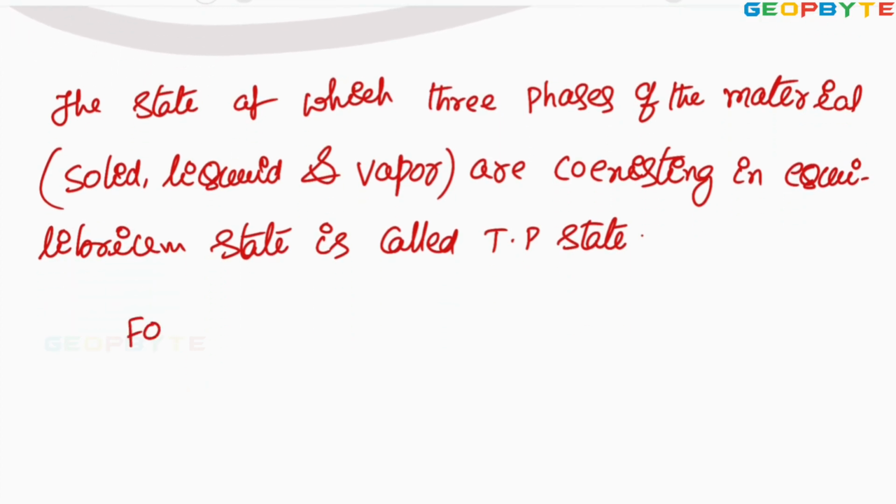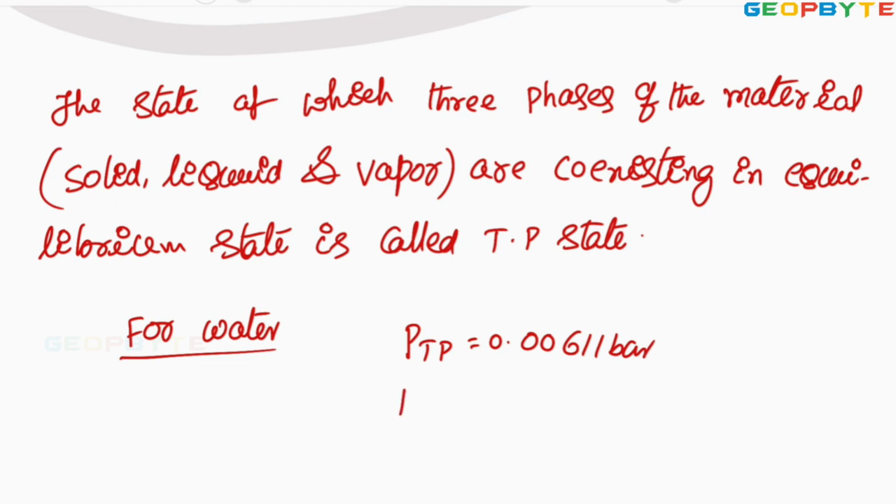For water, the pressure at the triple point state is 0.00611 bar, and the temperature at triple point state is 273.16 degrees centigrade.